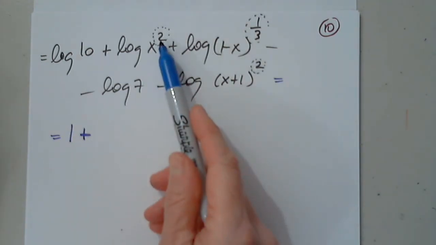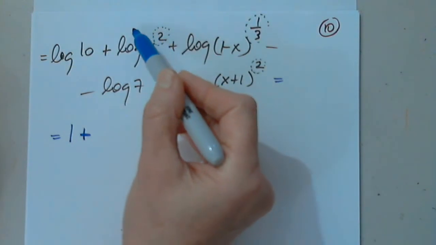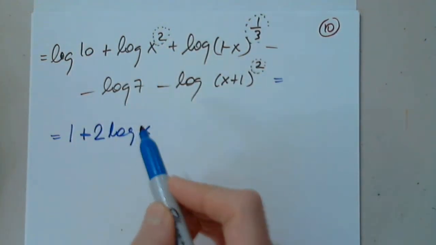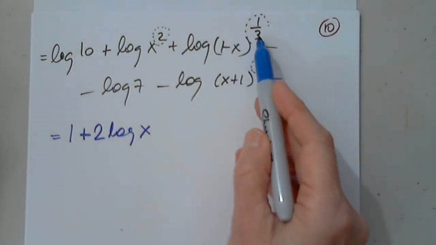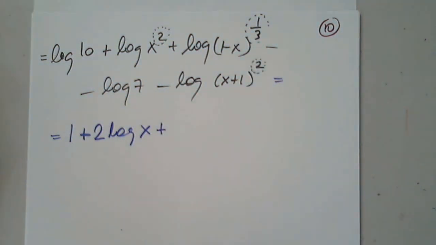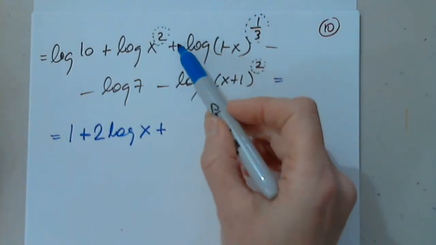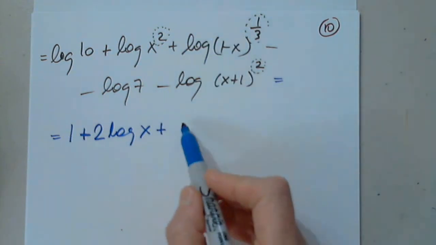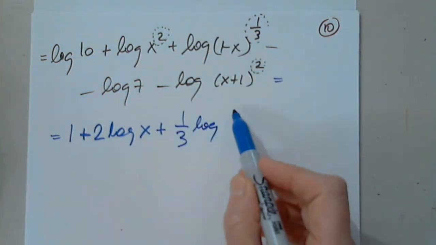By the power rule, it goes in front as a factor. 2 log x. Where does 1/3 go? One-third log of 1 minus x.